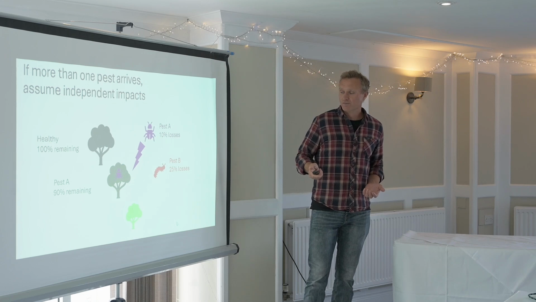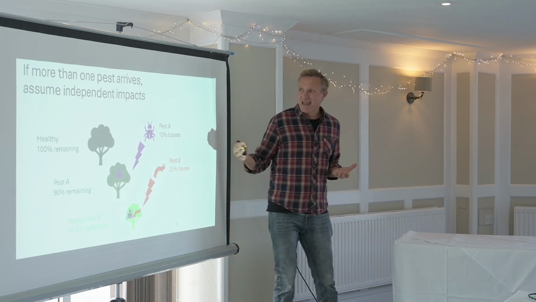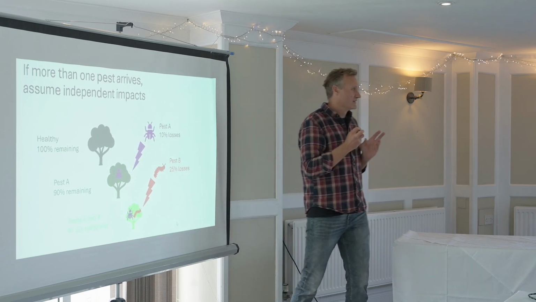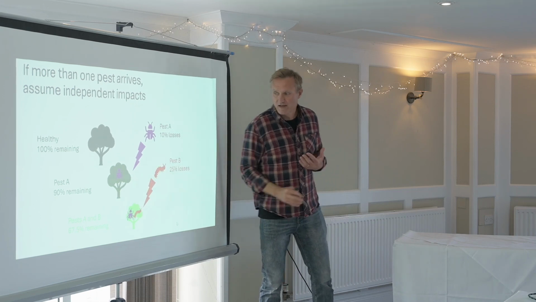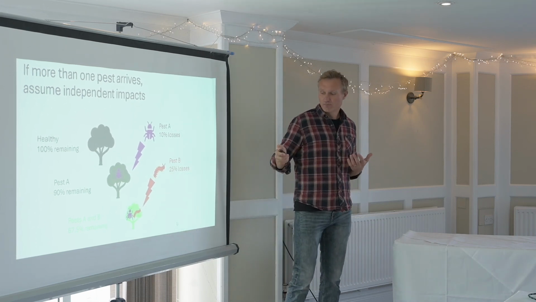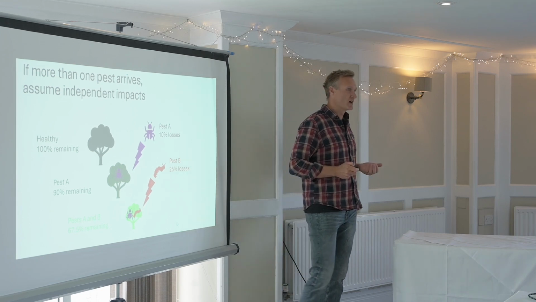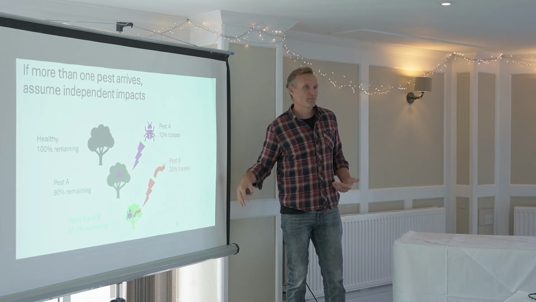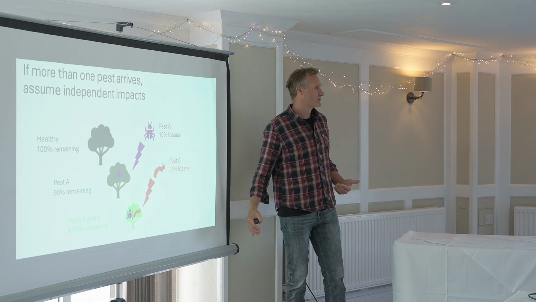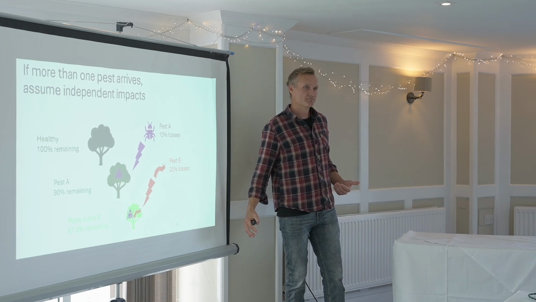If another one arrives, let's say that the effect is independent, so you lose an additional 25% of what's remaining. So those two together take you down to 67.5% remaining. Add another pest C, pest D, pest E, and we just multiply up those expected losses.